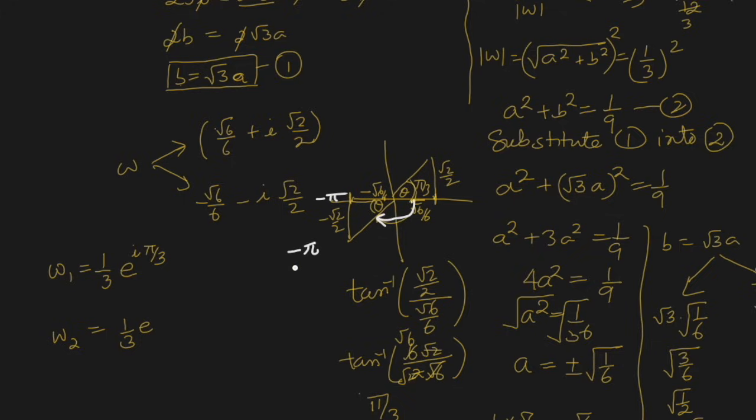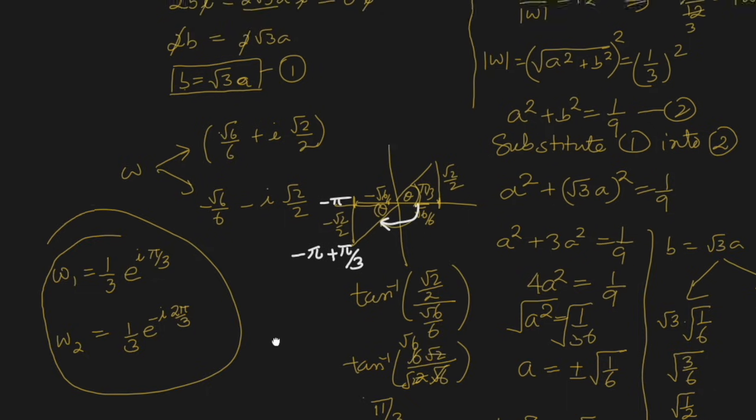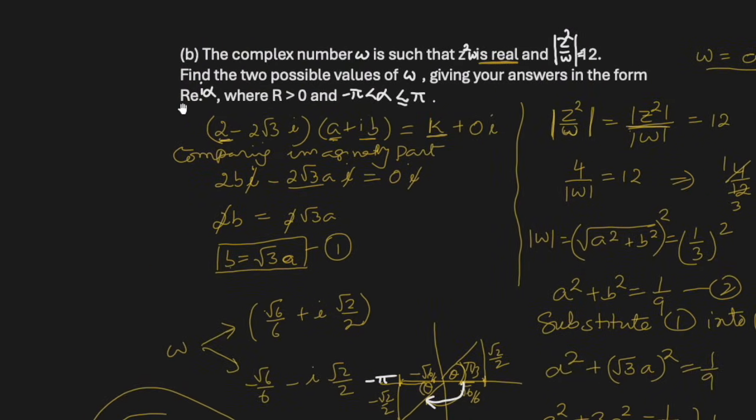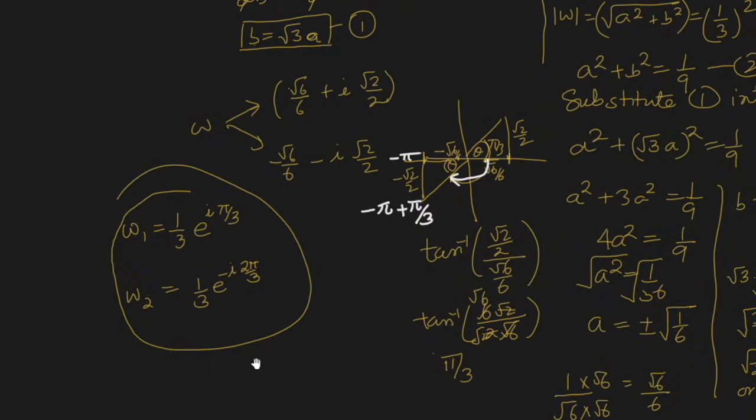If I go in this direction, plus pi by 3, which will be minus 3 pi plus pi, minus 2 pi by 3. So minus i 2 pi by 3. These are the two possible values of omega in the format they wanted, R e to the i alpha. Got it.